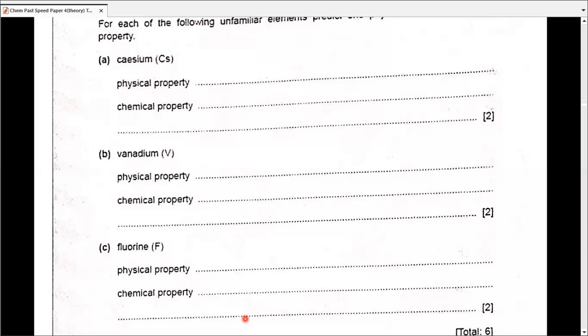Chemical property: it reacts with water to form hydrogen and an alkaline solution.